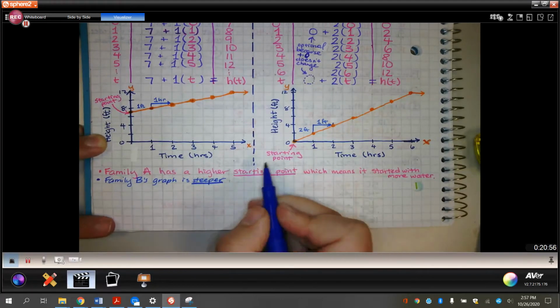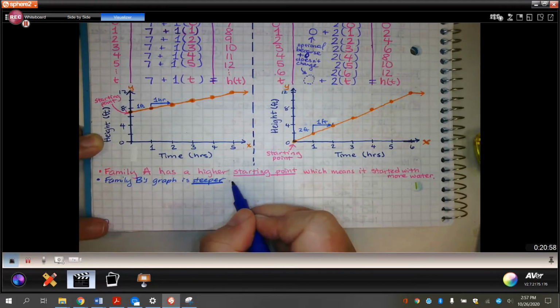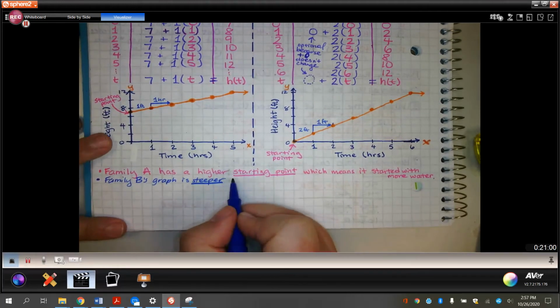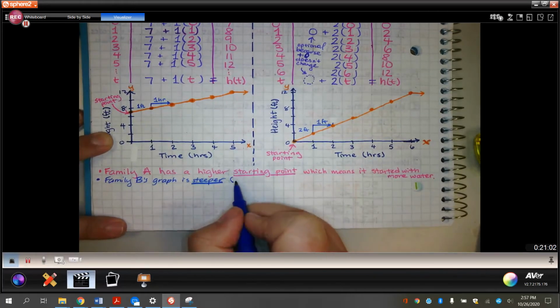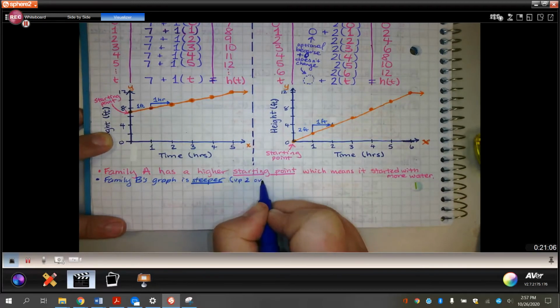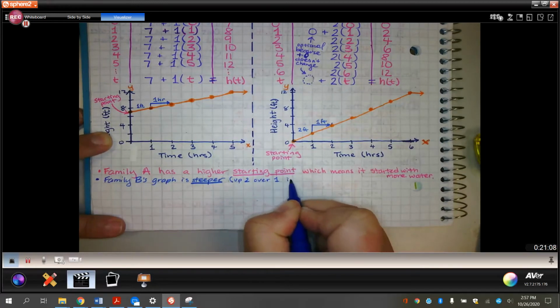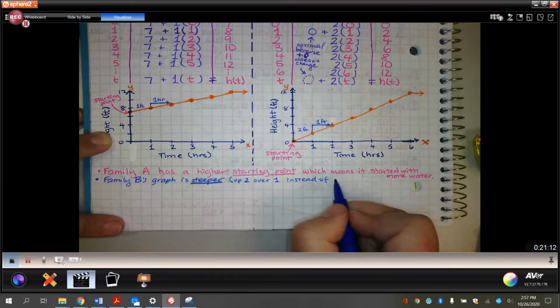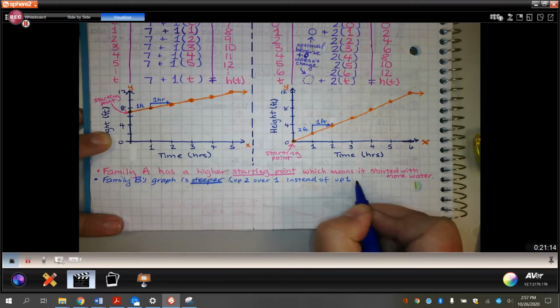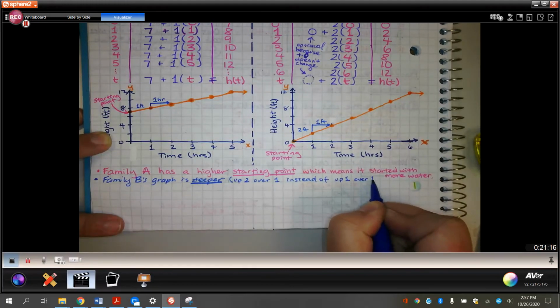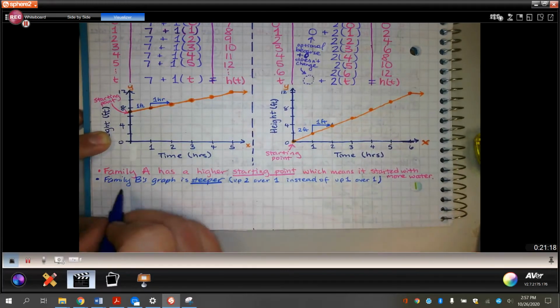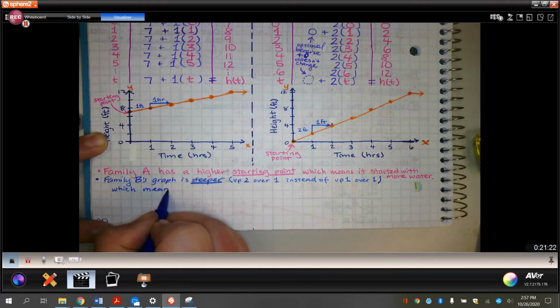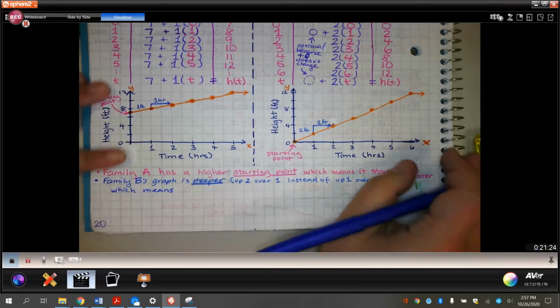And we're going to say up 2 over 1 instead of up 1 over 1, which means, now remember, if we go all the way back up to steepness, remember I wrote that word rate.